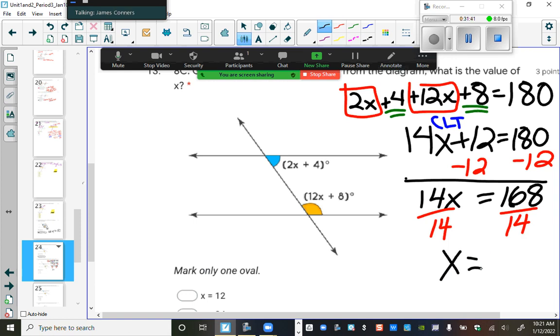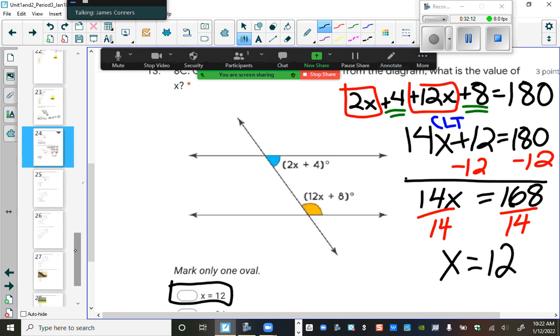And then 168 divided by 14 is 12. Excelente. So x equals 12 is our response. All right, so, any questions with this problem? You have x equals 12. You're going to use that x equals 12, I believe, if memory serves me, for the next problem.